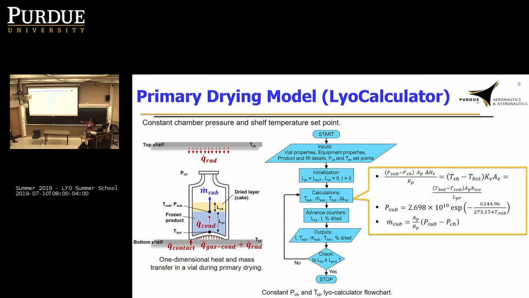And then it calculates the temperature at the bottom, the layer of the product that's in contact with the vial, and the length of the product that's dried at every step in time. And you keep iterating, moving forward in time, calculating all these quantities. This goes on till the entire product is dried, and then you stop the calculation.